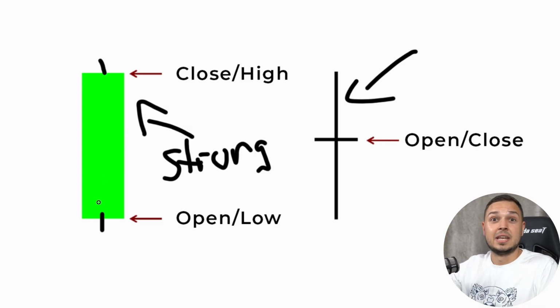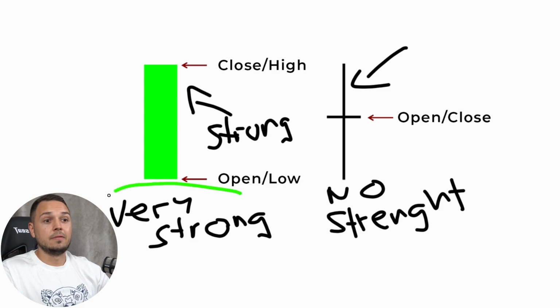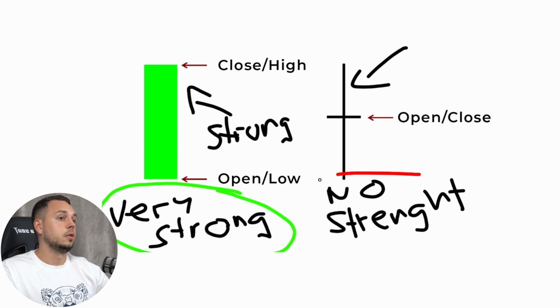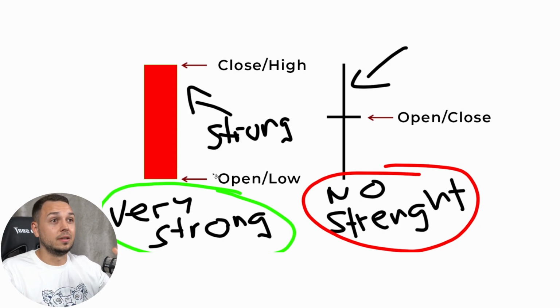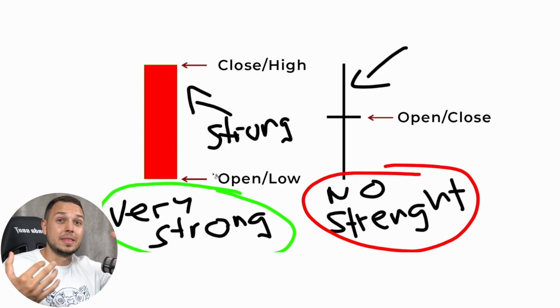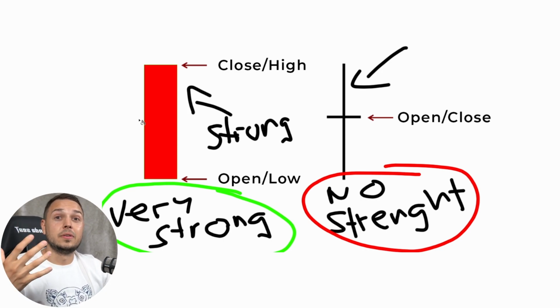There's no wicks, there's no selling pressure. So again, very strong, yes, no weakness over here, nothing is happening. The left candlestick could also be red, it's the same direction, no wick. There's a lot of sellers in this case, and it is continuing down. It's likely trending towards the downside, especially if you see a couple of these candlesticks forming side by side.